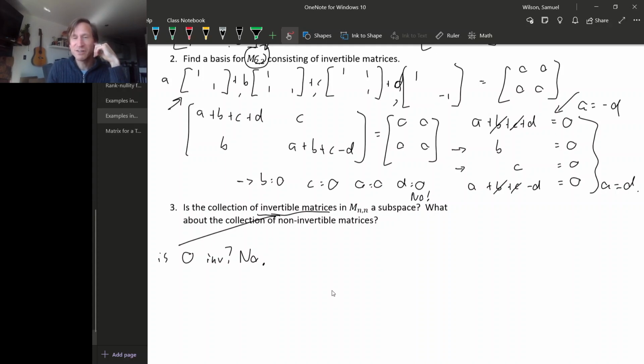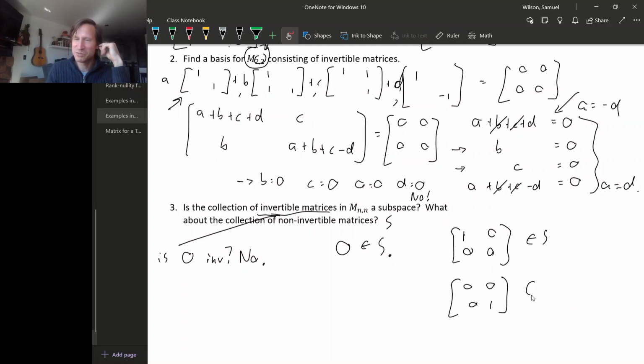Okay, what about the collection of non-invertible matrices? Well, if we call this collection S, the 0 matrix is in S, so there's some hope. But what other sort of matrices are in S? Typical non-invertible matrices are things that have a kernel, so things that have 0 as an eigenvalue. So here's a good example. This matrix is in S because it's not invertible, and this matrix isn't invertible either.